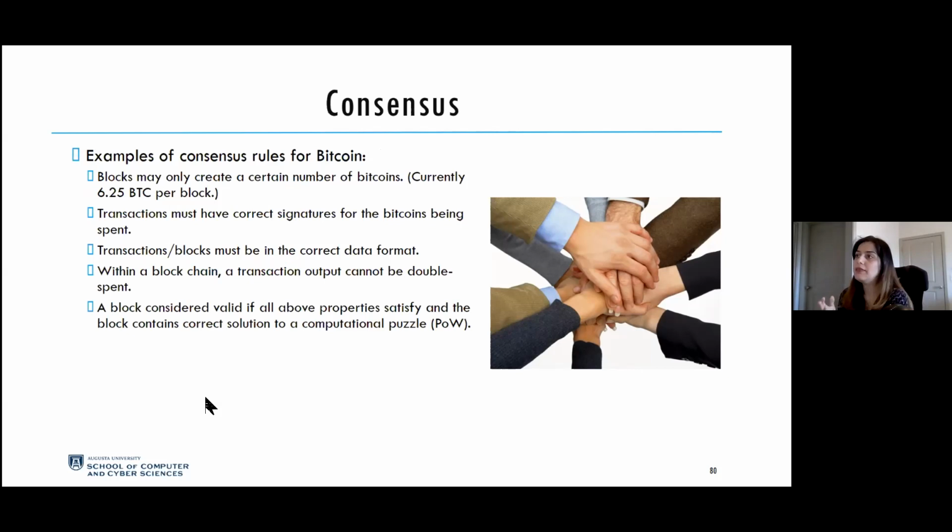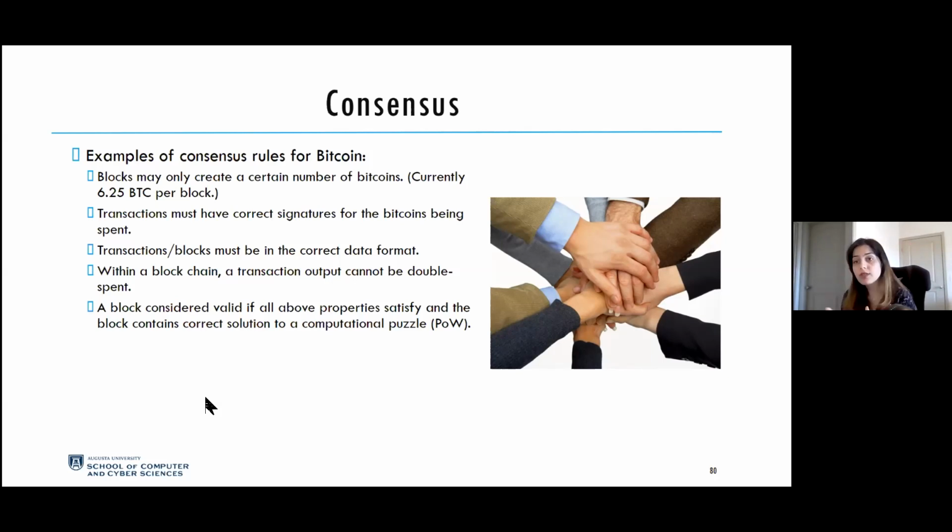So in the Bitcoin example, a couple of consensus rules are like the coinbase transaction, which is the amount that the miner can receive for the current year, should not exceed 6.25, the reward for the miner. The transactions should have correct signatures, and the input of each transaction should be an output which has not been spent before, for example.